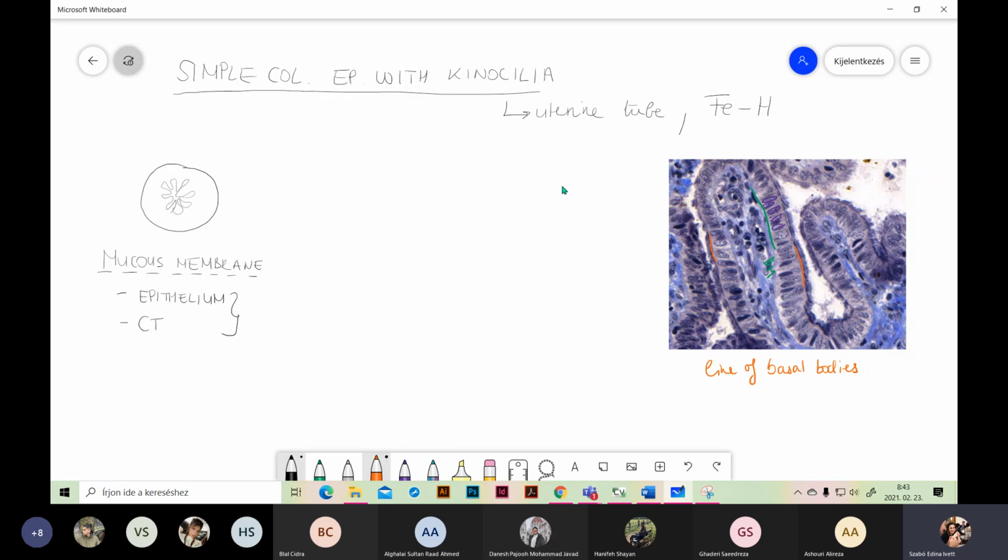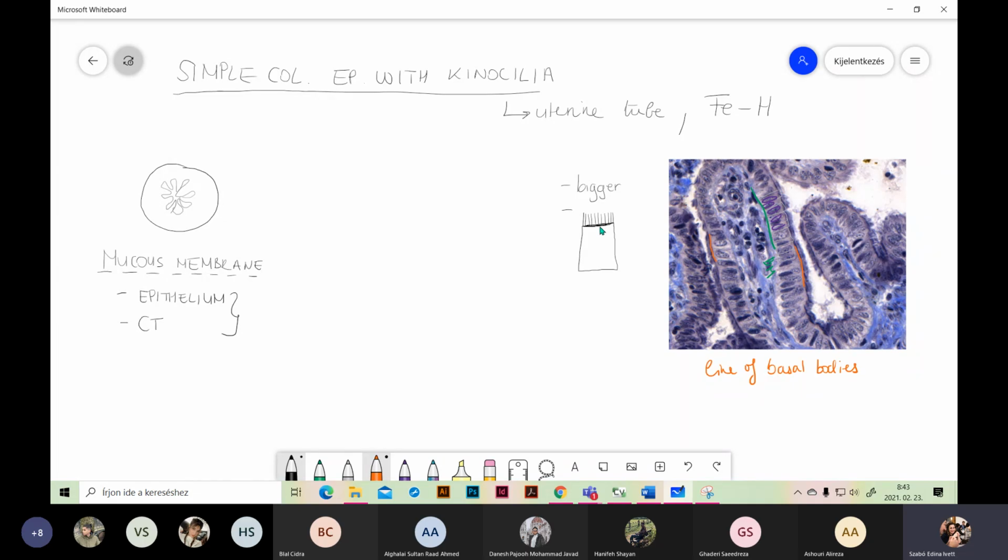I mentioned that they are bigger than the microvilli, and because they are bigger, they look separate from each other, and we will see the line of basal bodies. And these small hairs, small processes, they are parallel to each other, more or less. Okay.